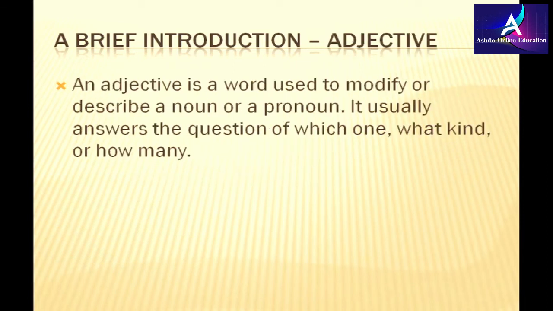Now let's have a brief introduction about adjective. We all know that we have 5 senses. They are sight, sound, touch, smell and taste. We use these 5 senses for describing a noun and we use adjectives for doing so. Let us take your favorite ice cream for example.